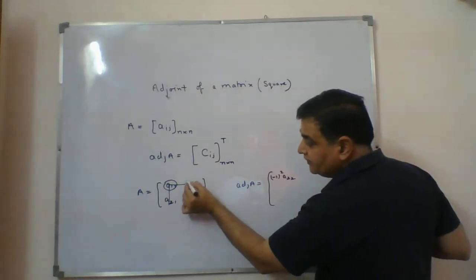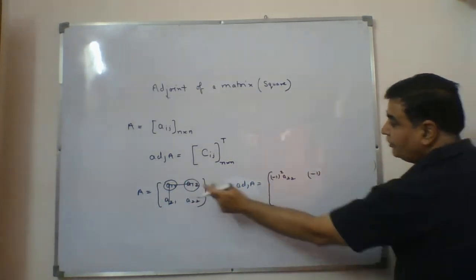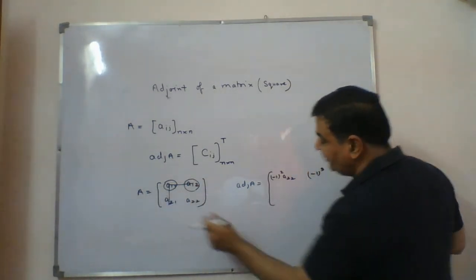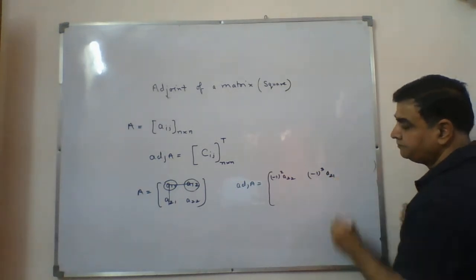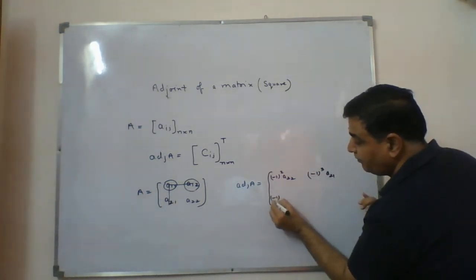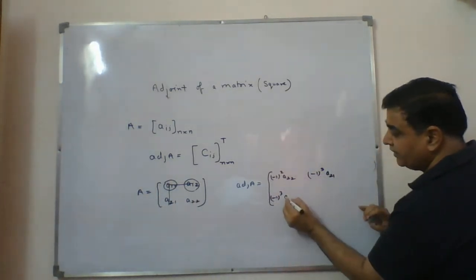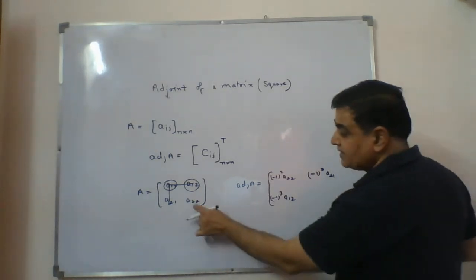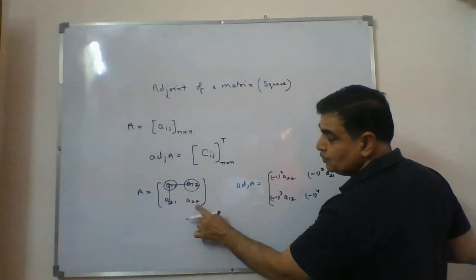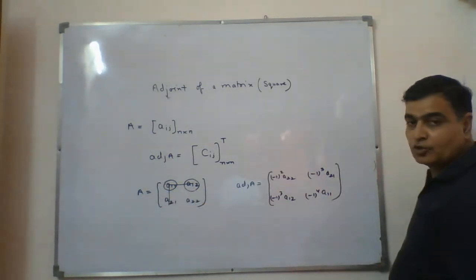Then we go for this element, cofactor of this. It will come minus 1 power 1 plus 2, it is 3, and then leave this and this, then the element left is A21. Then we go for this element, minus 1 power again 3. Leave this, what element will be? A12. And last will be here, it is minus 1 power 4, 2 plus 2, and then the element left is A11. These are the cofactors.